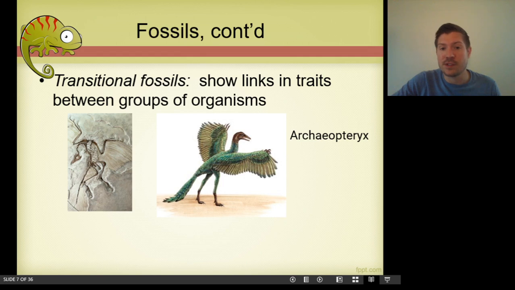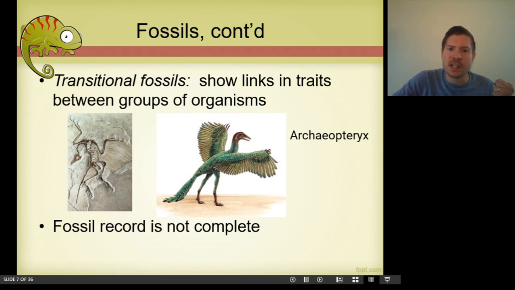Some people classify Archaeopteryx as the first bird. We're not 100% sure about that. But we do know multiple other dinosaurs had feathers. We found a lot of dinosaur fossils with feathers. But Archaeopteryx was a pretty surprising find when we found it. And now we can see some of the similarities between those reptilian dinosaurs and modern birds.